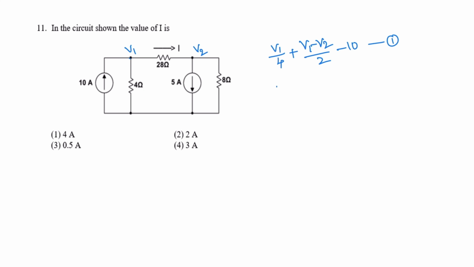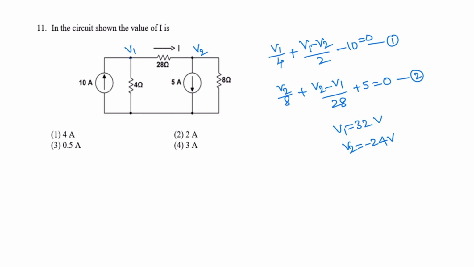Next, equation 2 is V2 by 8 plus (V2 minus V1) by 28 plus 5 is equal to 0. On solving these two equations, equation 1 and equation 2, we will get V1 is equal to 32 volts and V2 is minus 24 volts.